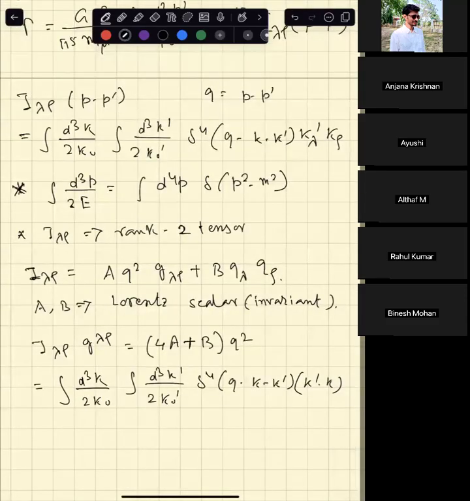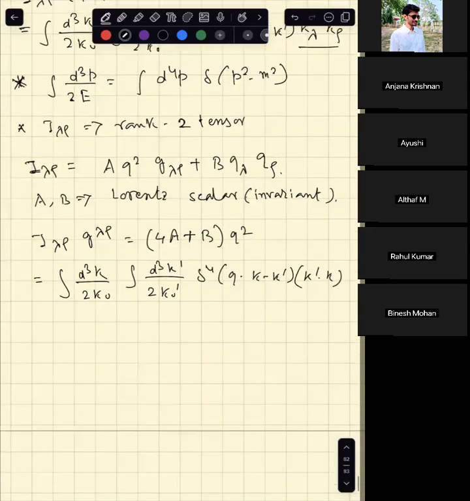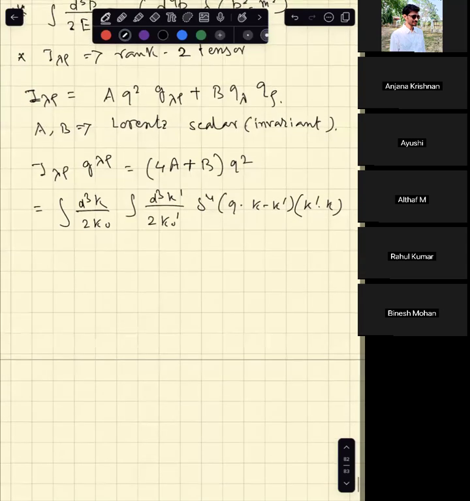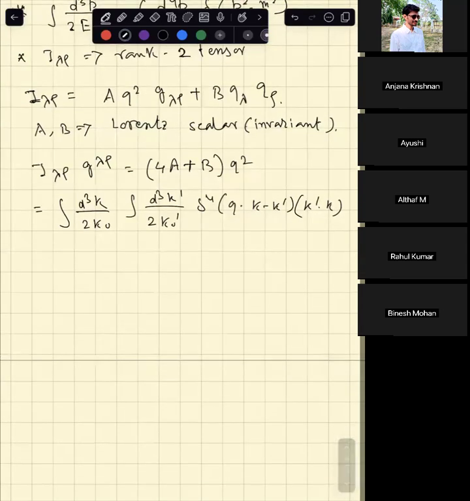Yes, you can see that if I multiply by the metric g lambda rho, I get k prime dot k. Now similarly, if I contract this by q lambda q rho, so what I'm calculating now is g lambda rho with q lambda q rho.